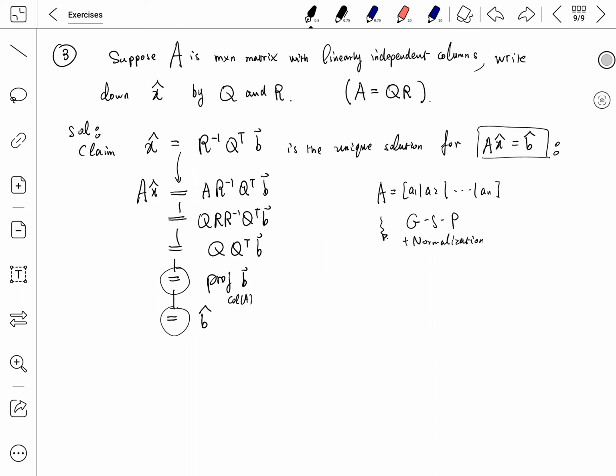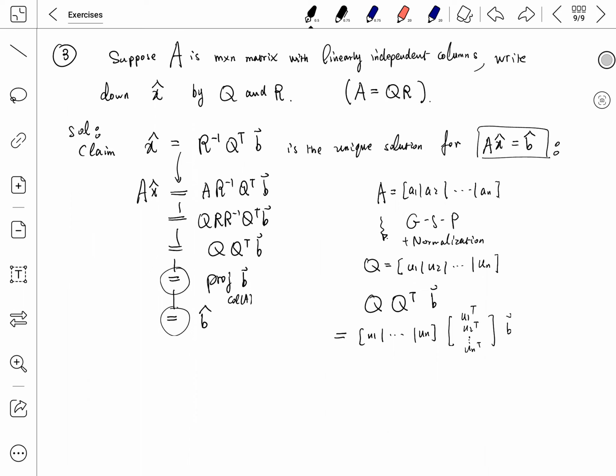We got U1, U2, UN, and we call this Q, and so Q^T B would be just by definition U1 transpose, U2 transpose, UN transpose, and then B.